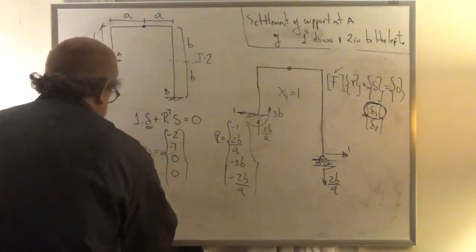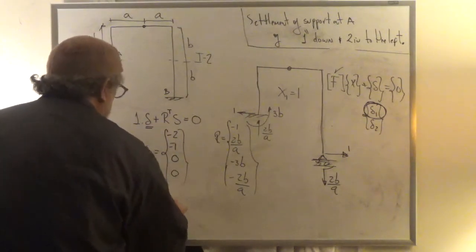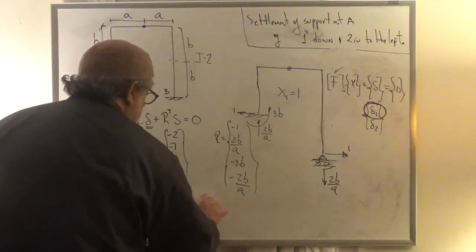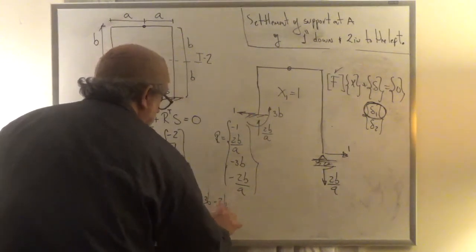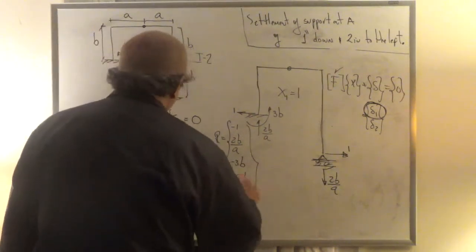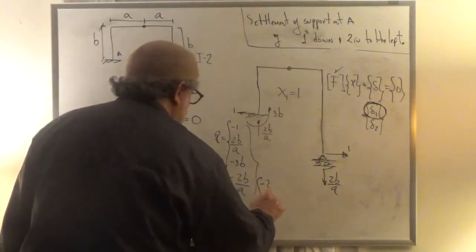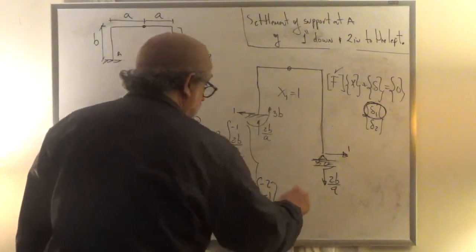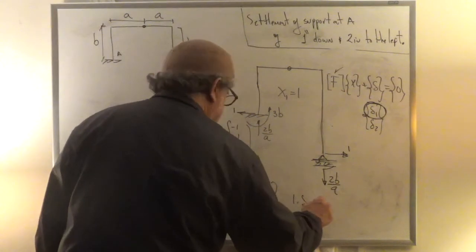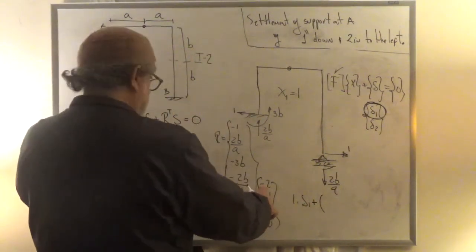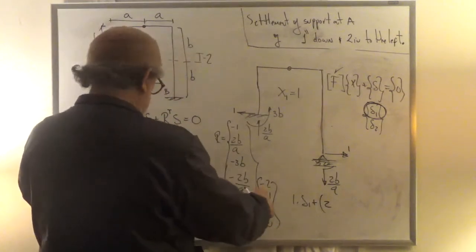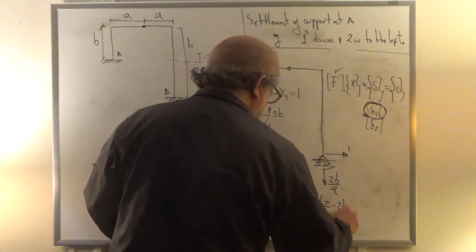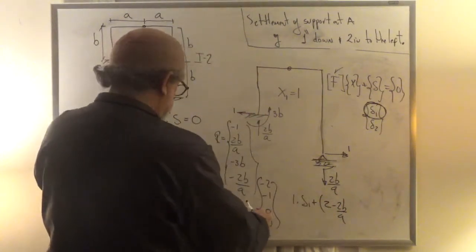Therefore, I can get delta 1 by saying 1 times delta 1 plus R transpose, which is minus 1, 2b over a, minus 3b, minus 2b over a, multiplied times this, which is minus 2, minus 1, 0, and 0, right? So that's this one times that one. So it's 1 times delta 1 plus, I'm going to open a parenthesis, minus 1 times minus 2 is 2, 2b over a times minus 1 minus 2b over a, minus 3b times 0, minus 2b times 0.